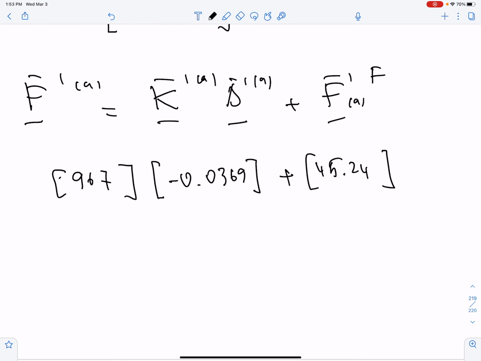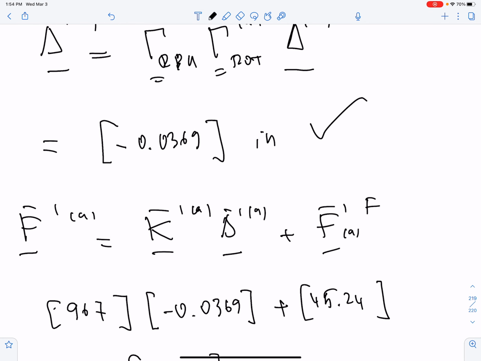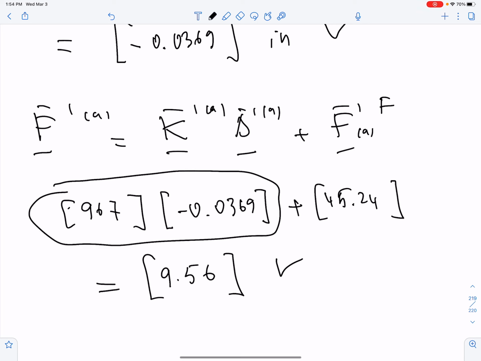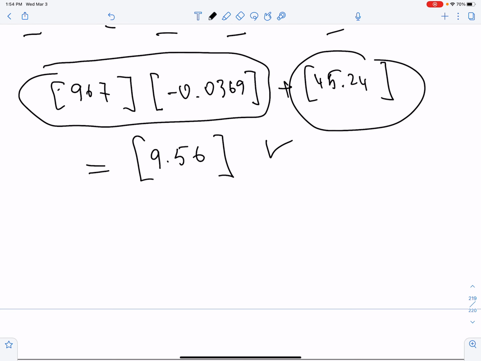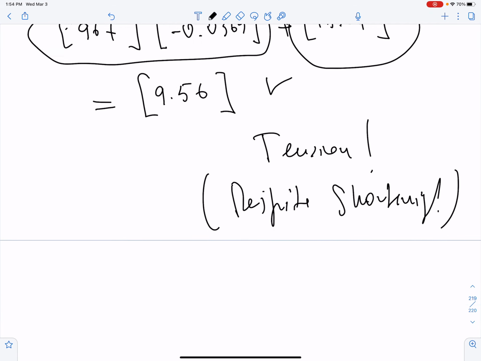If we do the calculation, we get 9.56. It's interesting: the element shortens, however the force inside of it stays positive. So you see the competition. It shortens, so it tries to be in compression, but then there's enough temperature drop to keep it in tension. So it's tension despite shortening. Kind of an interesting situation.